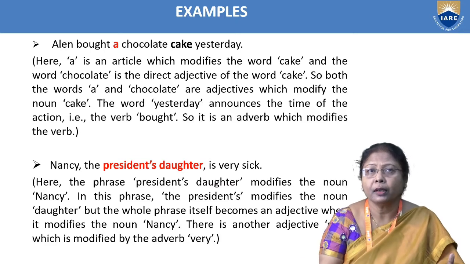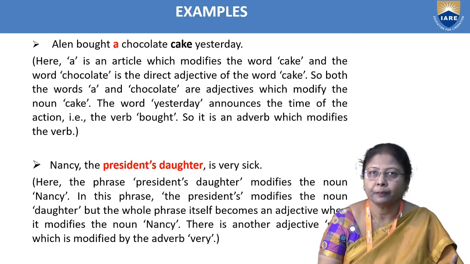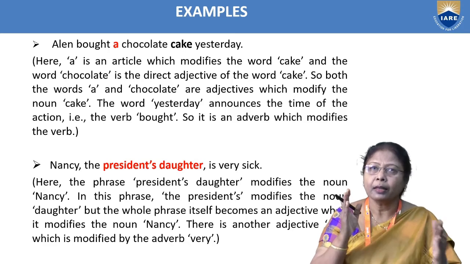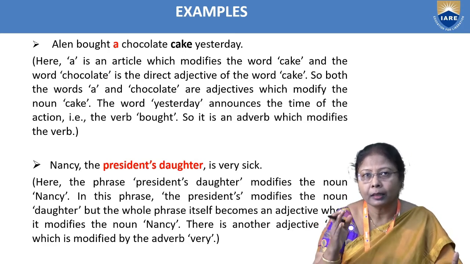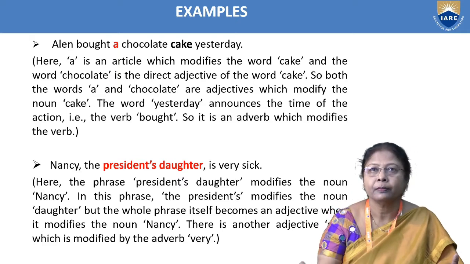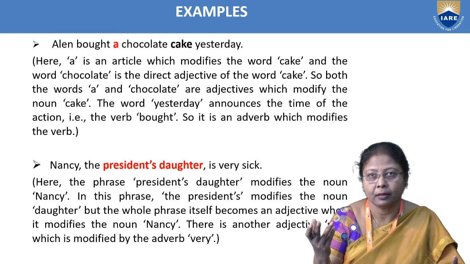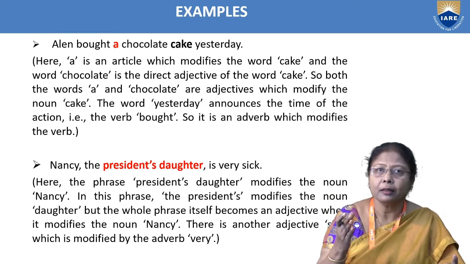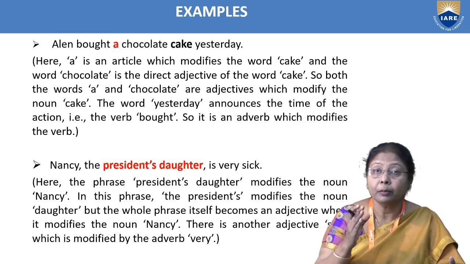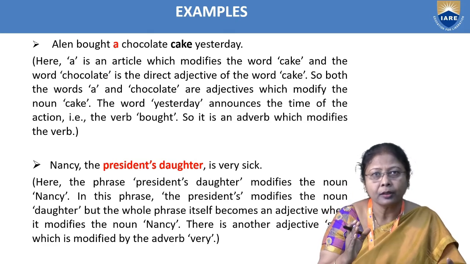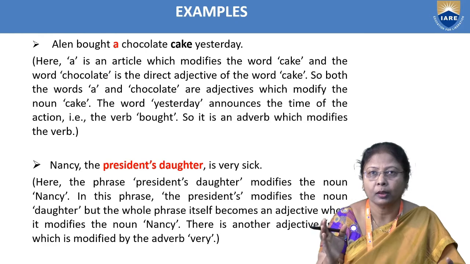And one more word that we have here is yesterday. What is the position of yesterday in this example? The word yesterday states the time of the action. That action is the verb brought. It announces the time of the action, the verb brought.